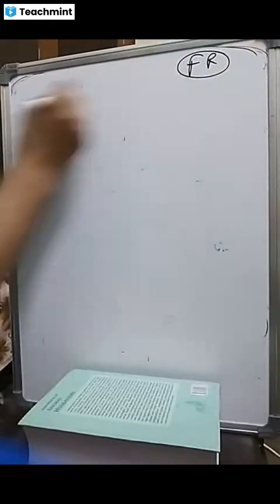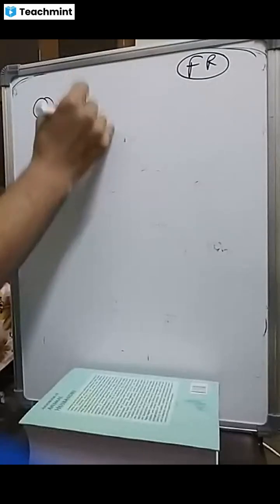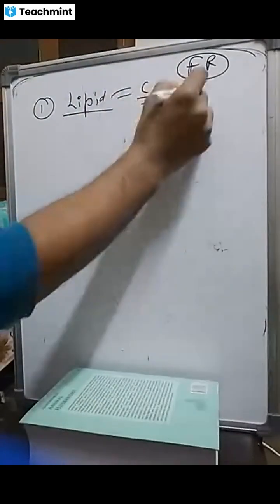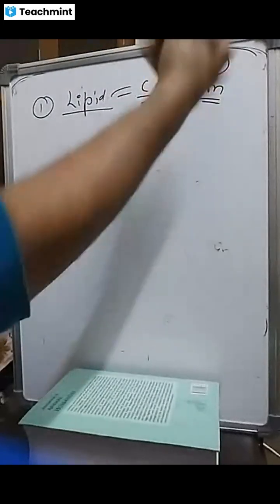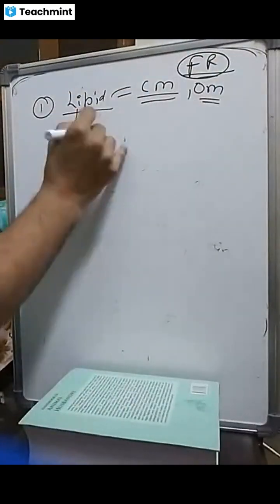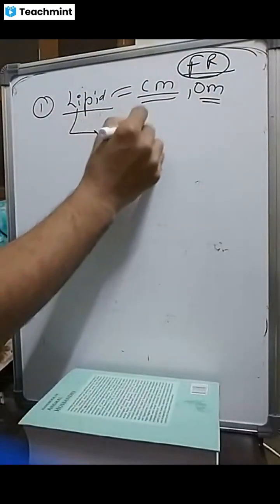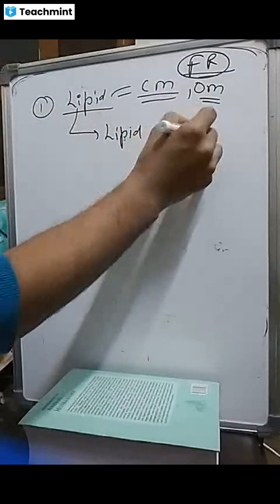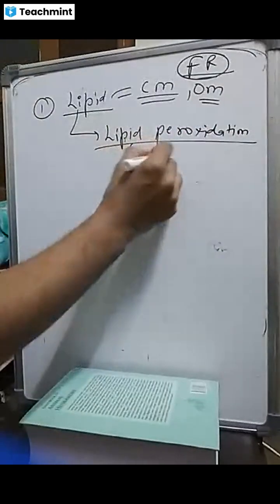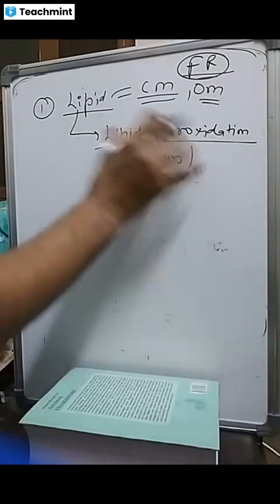The free radicals attacking lipid in the cell membrane, organelle membrane and other membranes cause lipid peroxidation. This is the name of the injury.